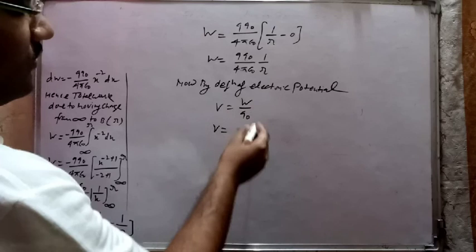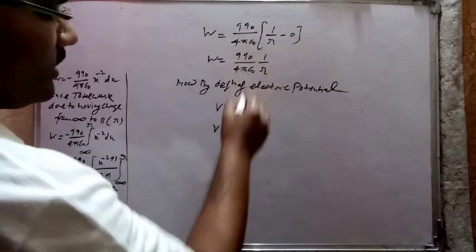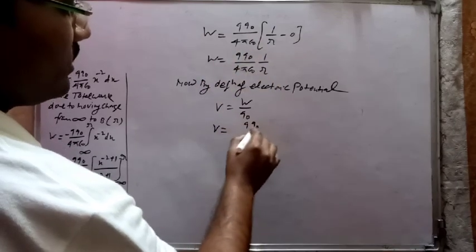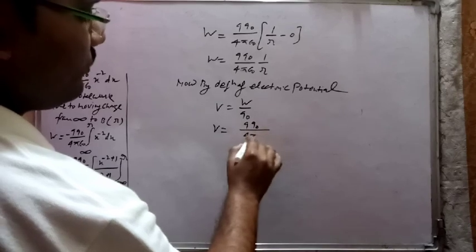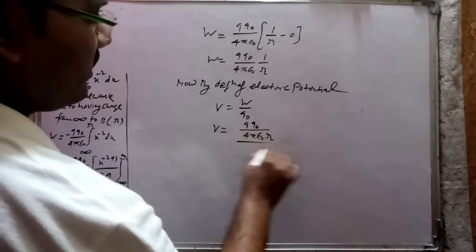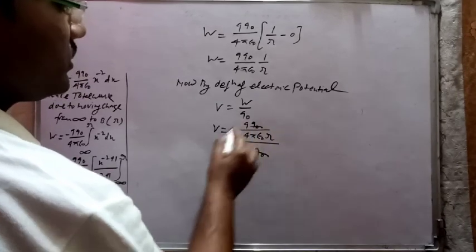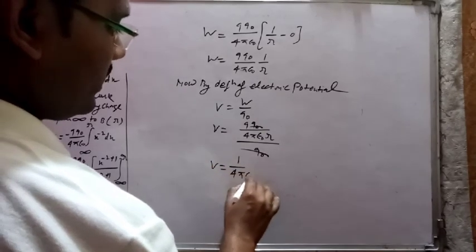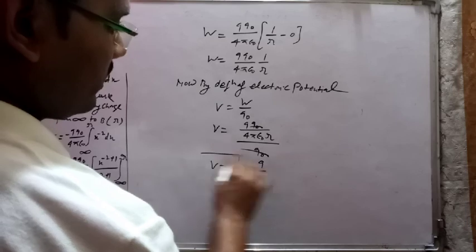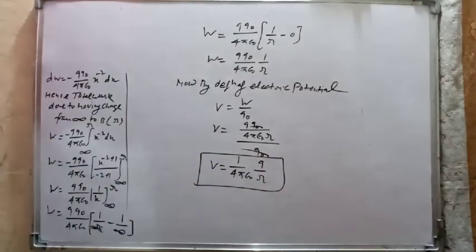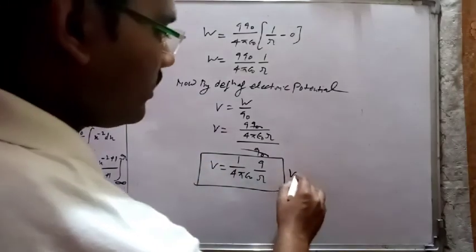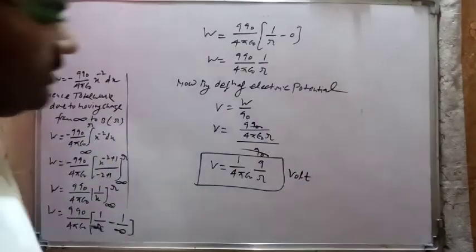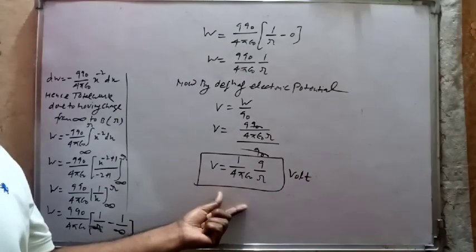Substituting the value of W, Q Q naught divided by 4 pi epsilon naught r, divided by Q naught, this Q naught cancels. Here V is 1 divided by 4 pi epsilon naught, Q by r. This one is the expression for electric potential due to a point charge.